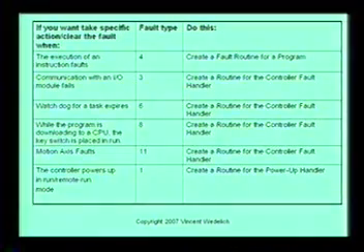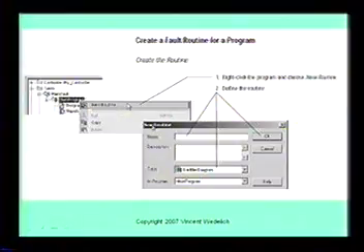So again, the first one is execution of instruction faults, which is probably one of the most common, I would think. To do this, you would go to your main program.